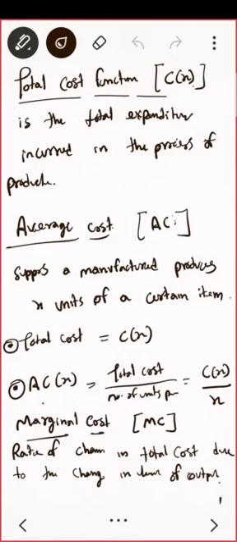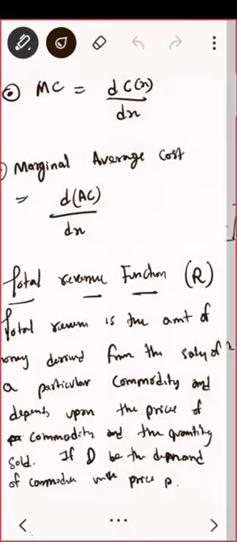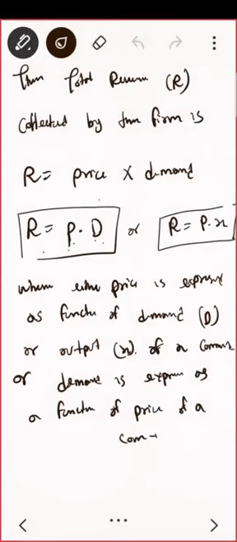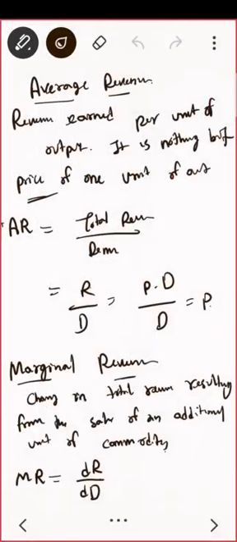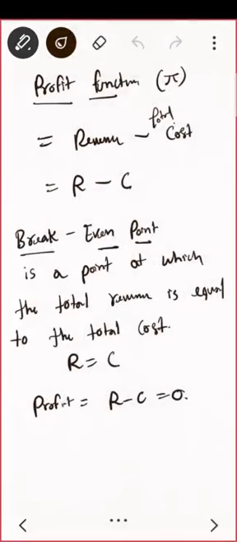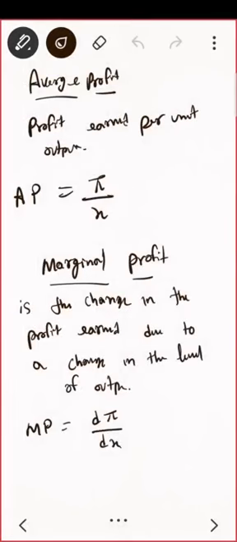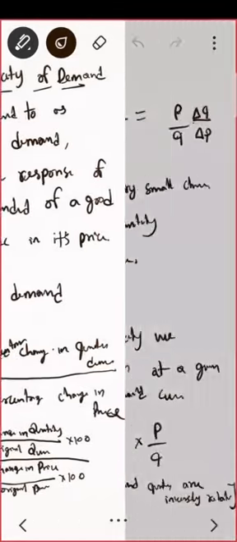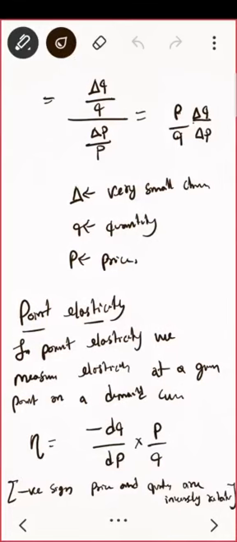Average, that means you just have to divide. Revenue is P into D, and average revenue, marginal revenue, profit, what is the profit function, what is break even point. Please revise everything, it will be very helpful in solving the problems which we'll be doing in the next lecture.